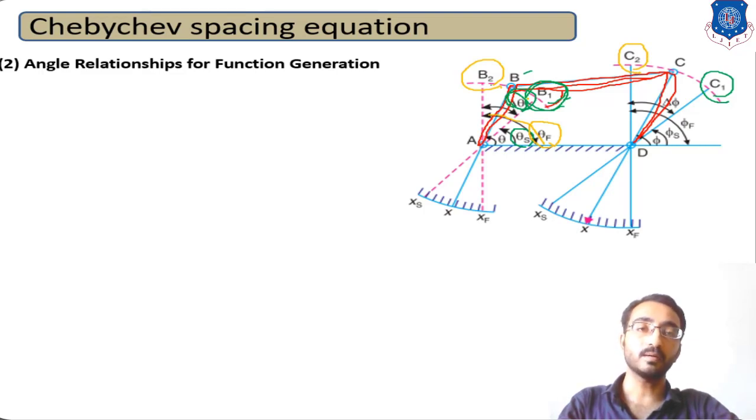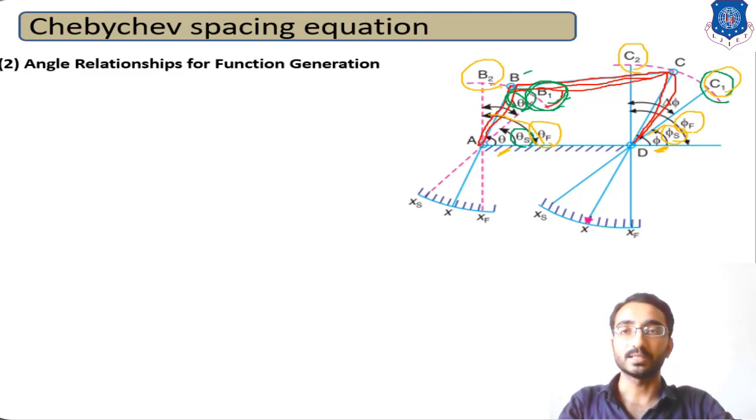For the first link or input link, we consider the angle as theta, and similarly for the output link we consider the angle as phi. So your phi s will be at the C1 point, and for the C2 point it is considered as phi f. In this way we can locate the starting and end points of this basic equation.